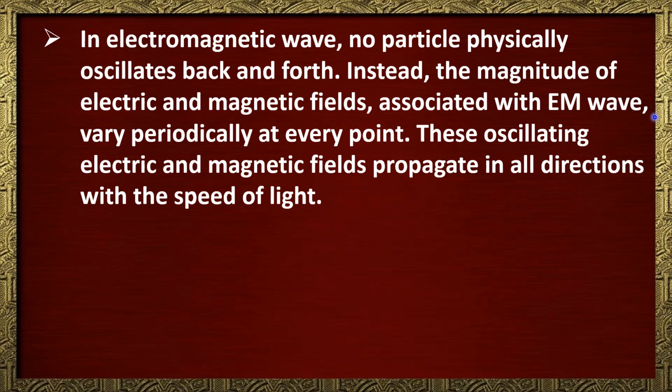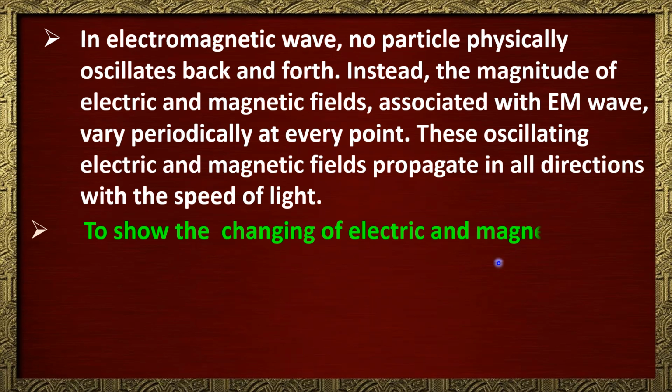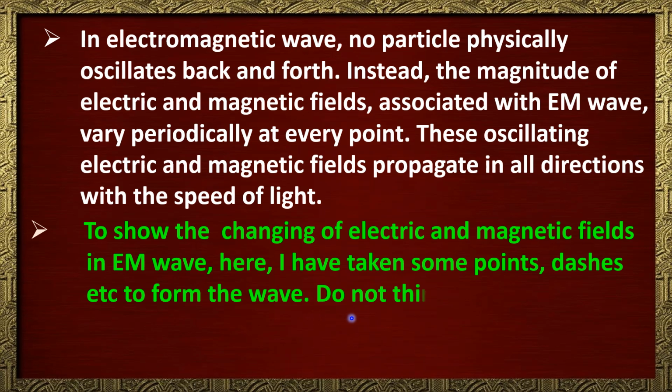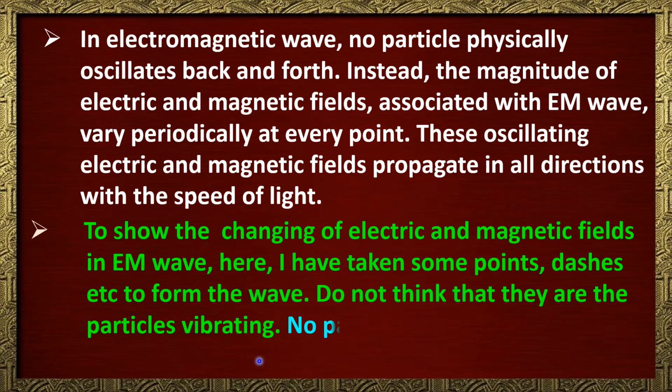Okay. So here you can see. To show the changing of electric and magnetic fields in an electromagnetic wave, here I have taken some points, dashes, etc. to form the wave. And do not think that they are particles vibrating, because no particles vibrate in an electromagnetic wave.